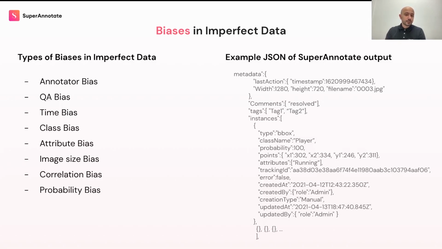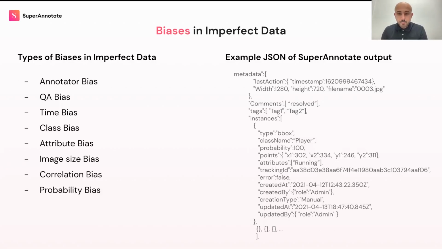Or there can be a time bias, because very often when annotators are working on images, as they do more and more of this mechanical work, they tend to create a bias in their datasets as time goes on. So it's very important to have tools to check the time bias, and if there is one, to quickly correct it. Other sorts of biases can be class bias, attribute bias, and image size bias, because larger images might have certain annotations that smaller images don't, and so on.